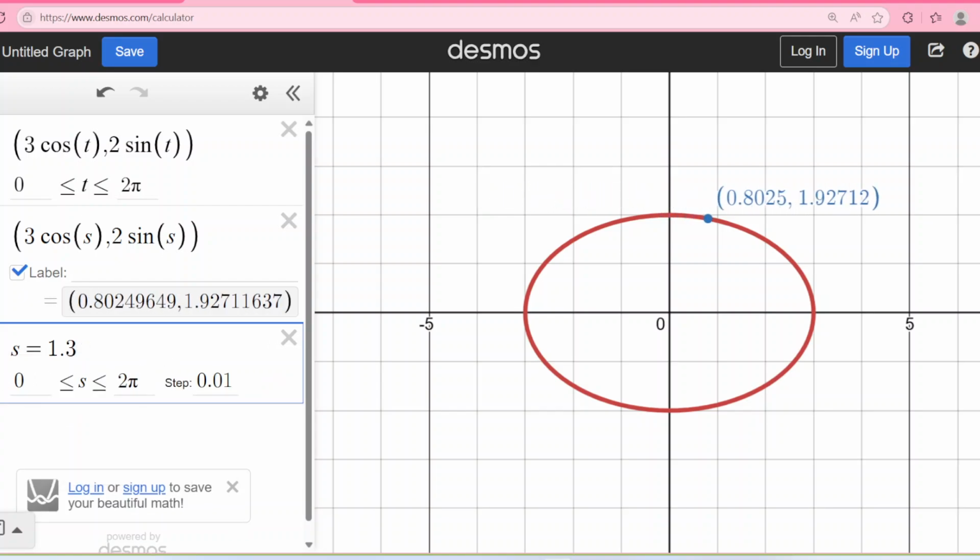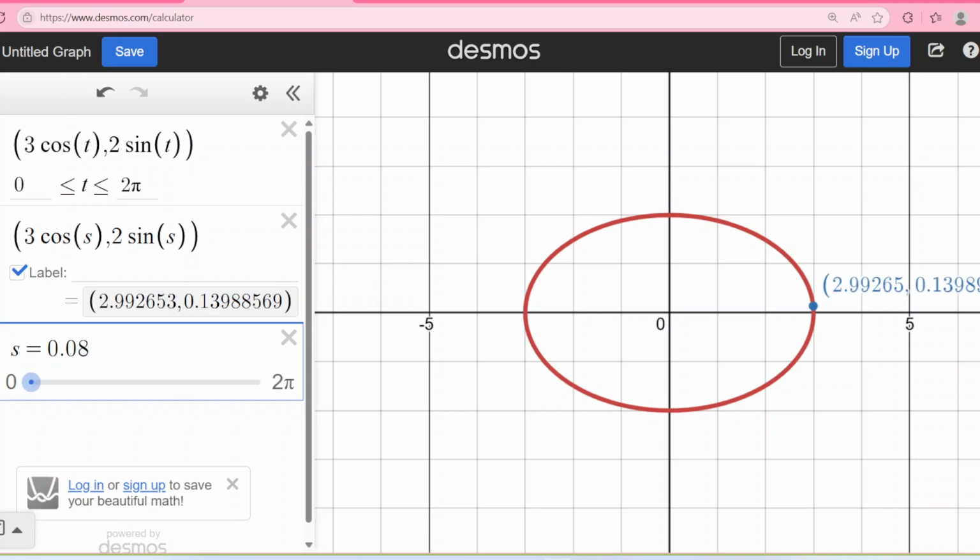And maybe go back to S equals 0 again, and then hit play, and you'll see the motion as the value of the parameter increases. S acts like t. You see how the point is moving along this elliptical curve in a counterclockwise direction. You can see the orientation of the curve that way.